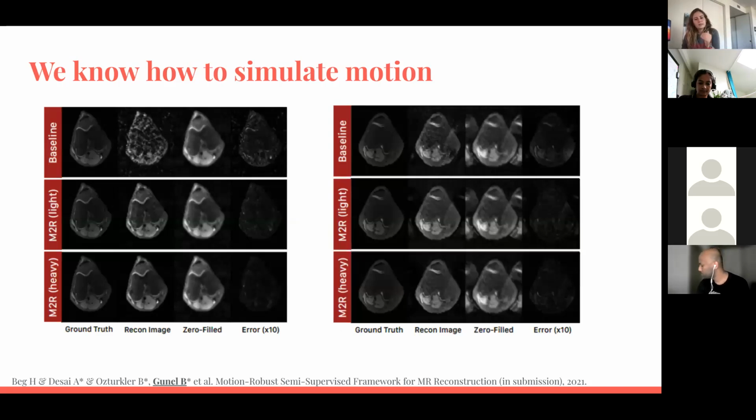Here you can see the supervised baseline model, our M2R model with light motion, and in the last row, the motion to recon model with heavy motion. Again, errors show the difference between ground truth and the reconstructed image. If you look at the supervised baseline, the reconstructed image looks pretty poor.